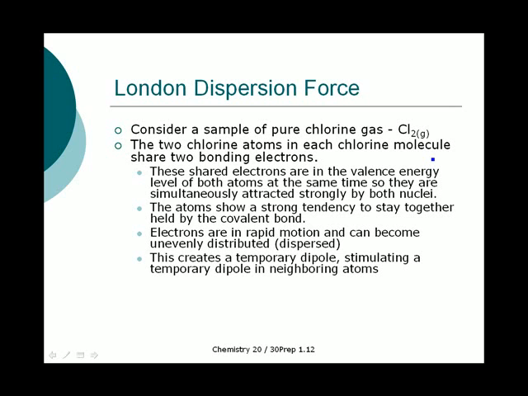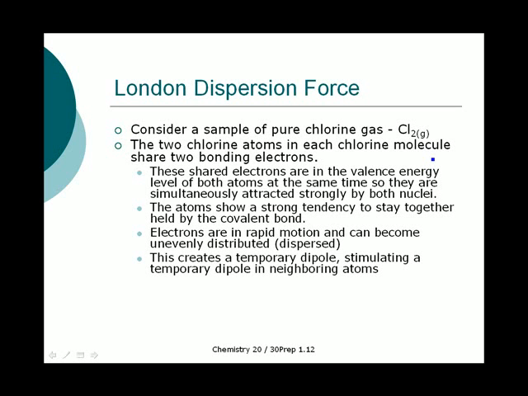They're sharing these electrons in their valence energy level, but at the same time the electrons are being simultaneously attracted strongly by the nuclei of both atoms. Yet these atoms show a strong tendency to stay together, held by a covalent bond, so that bond has to be strong, because if it wasn't, the molecule would be torn apart.